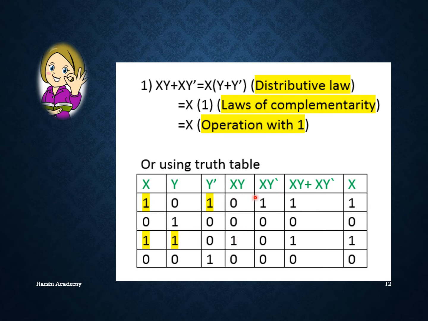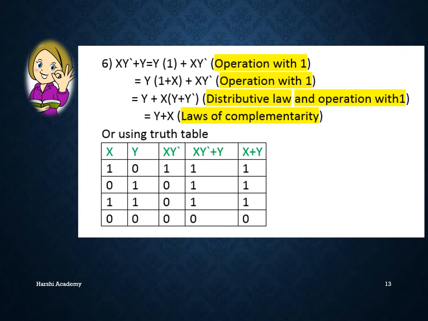Now 0 plus 1 is 1, 1 plus 0 is 1, otherwise it's 0, and x is the same. Now you see this column and this column are equal. So the theorem is verified.